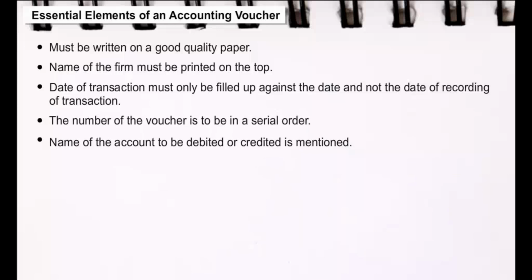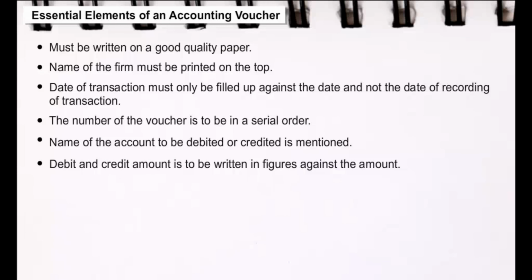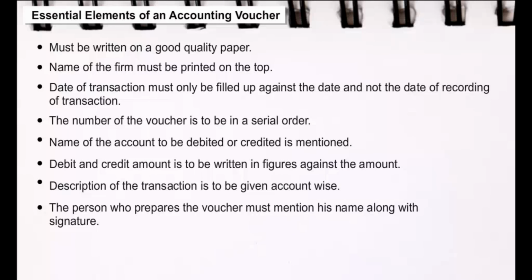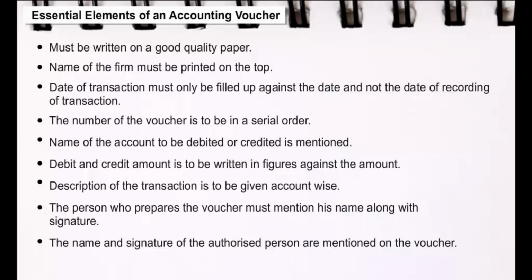The name of the account to be debited or credited is mentioned. Debit and credit amounts are to be written in figures against the amount. Description of the transaction is to be given account-wise. The person who prepares the voucher must mention his name along with signature, and the name and signature of the authorized person are mentioned on the voucher.